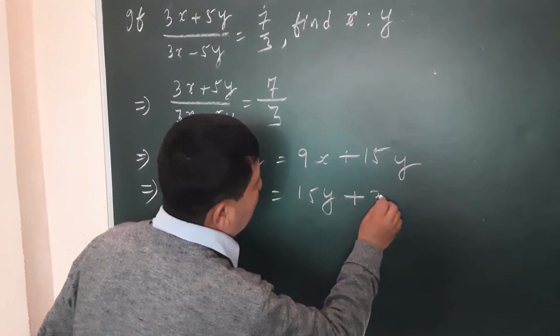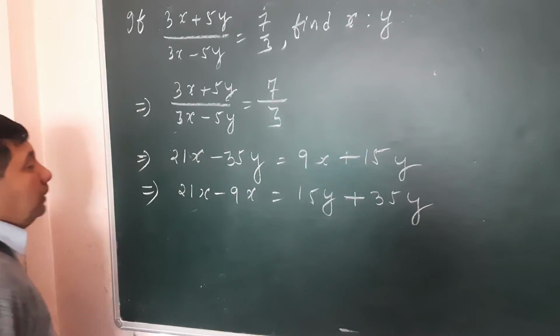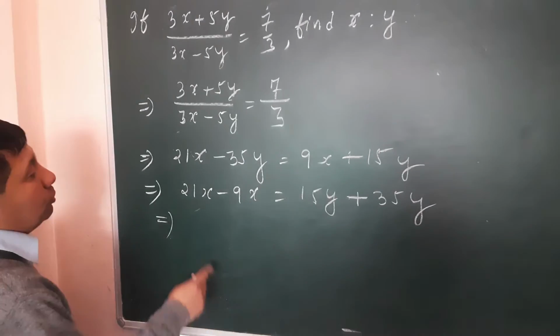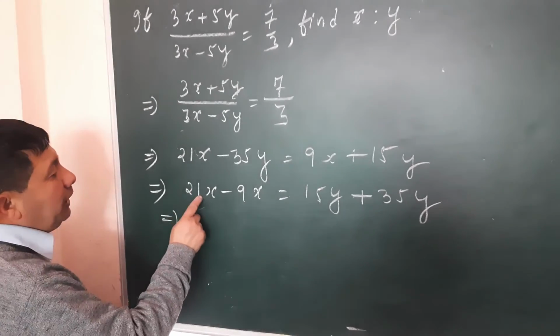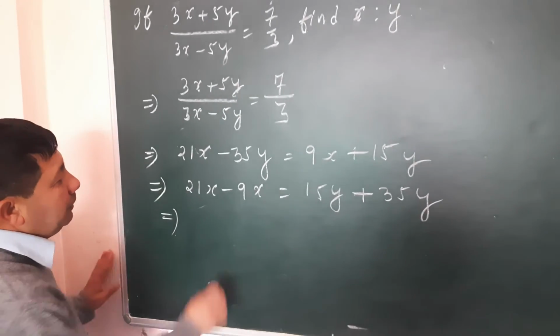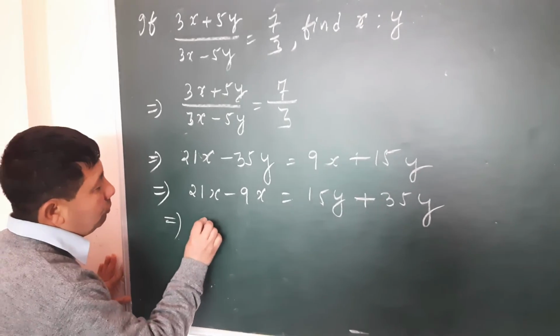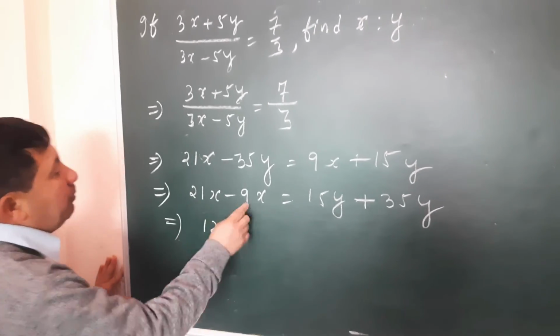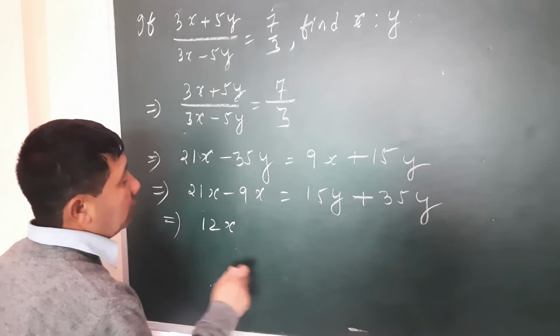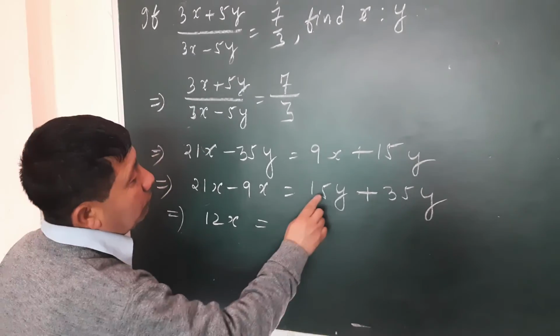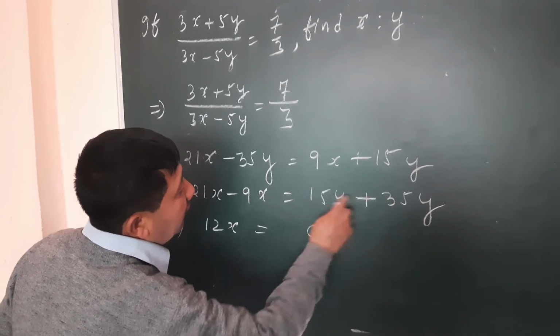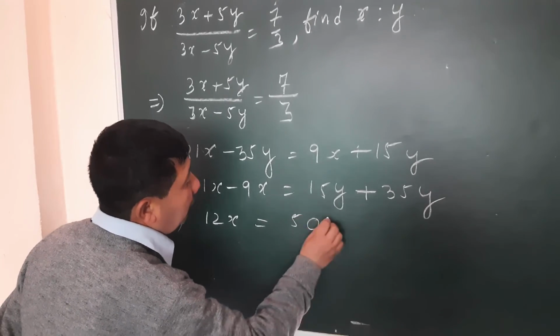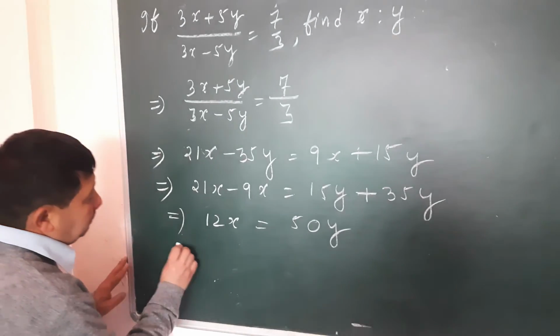That means plus 35y. So you know 21 minus 9, it is 12x. Equal to 15 plus 35 is 50y.